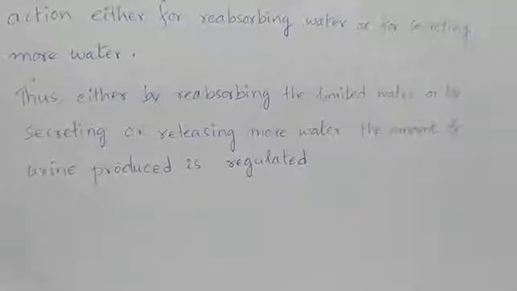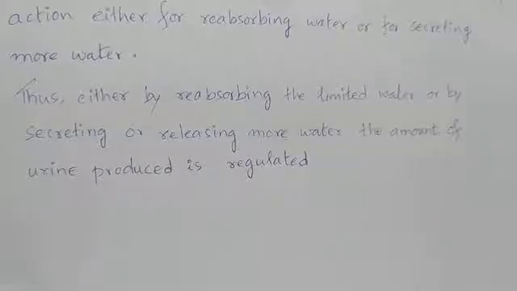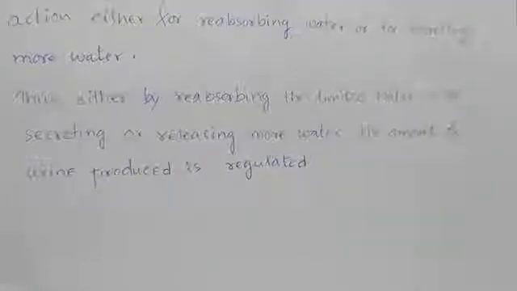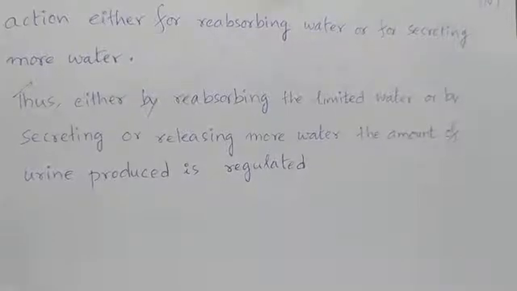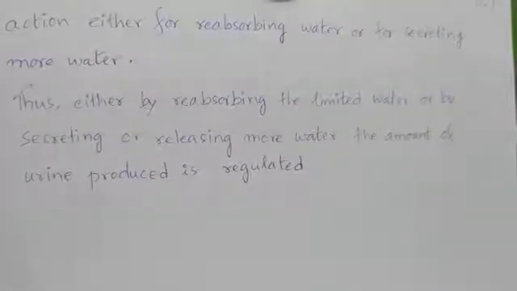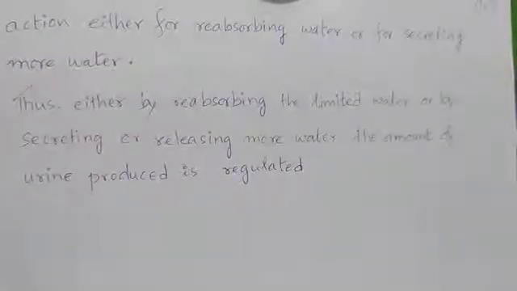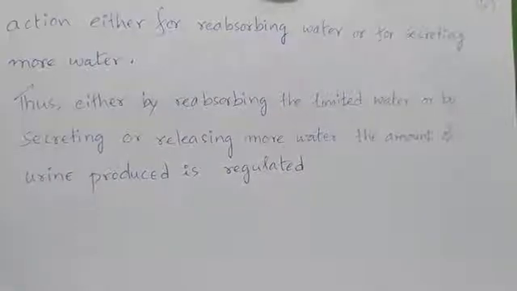If less water is there, in order to conserve water, water will be reabsorbed. If more water is there, excess water should not be present in the body. So, more water will be thrown out from the body.